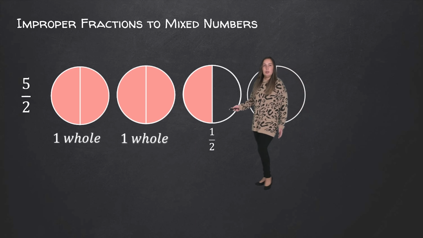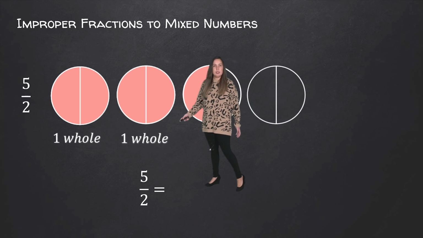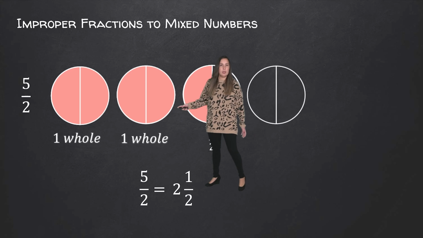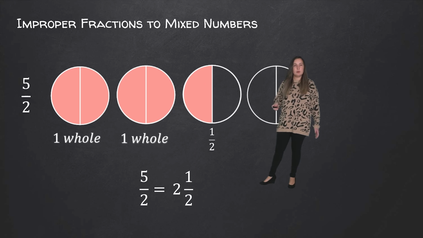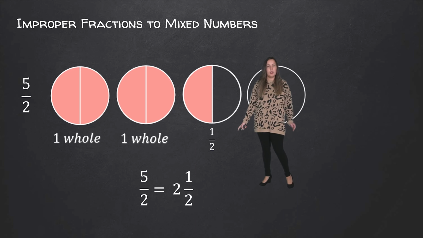So 5 over 2 is equivalent to 2 because we have 2 of these wholes and a half. So 5 over 2 is equal to 2 and a half, and that's how we would write it as a mixed number. The whole numbers are going to be separate from the parts.